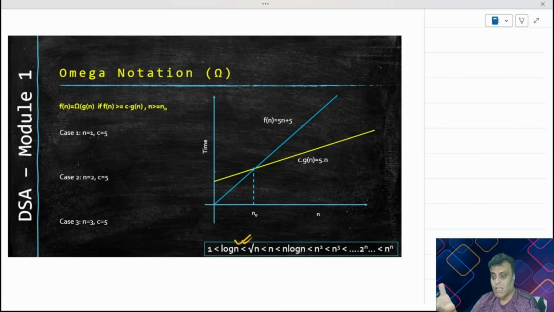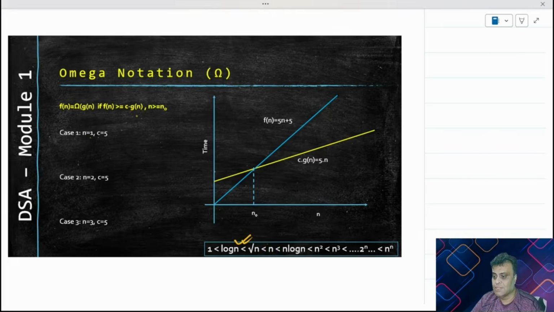Similarly, for big omega, what we are trying to prove for the lower bound is that if omega has a lower bound of whatever that value is, then anything to the left of this particular omega value will have a valid lower bound. So if we find that n is a lower bound, anything to the left is a valid lower bound. That's what we will try to prove now.